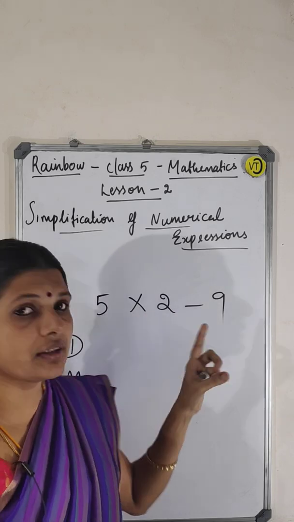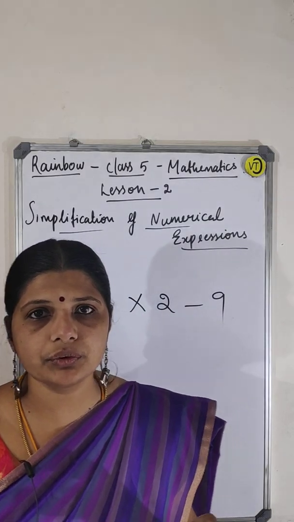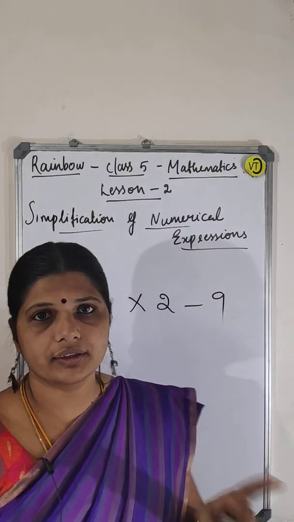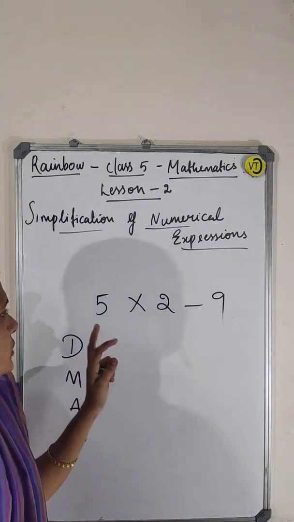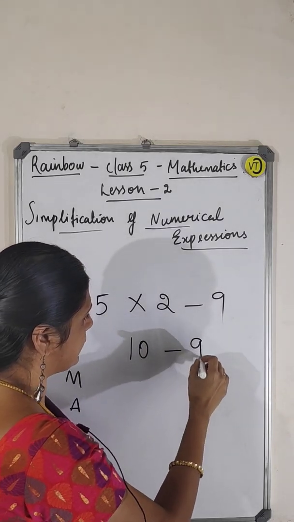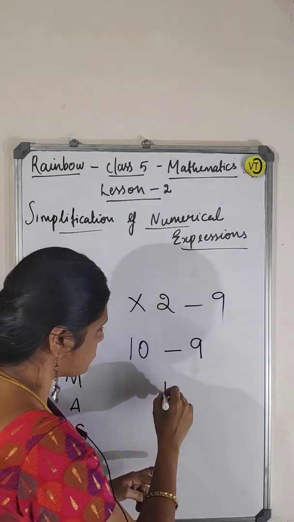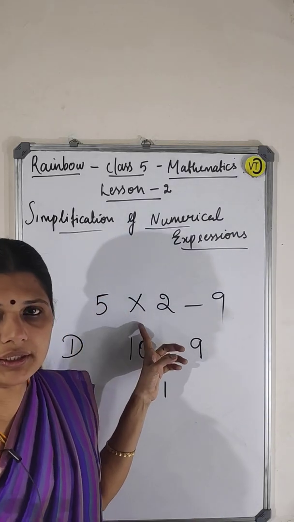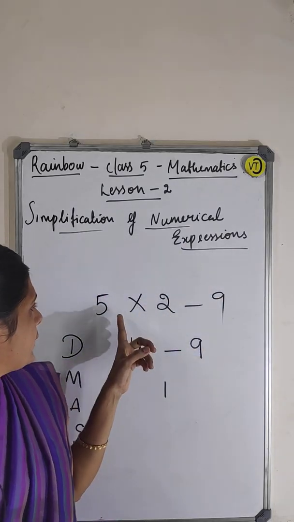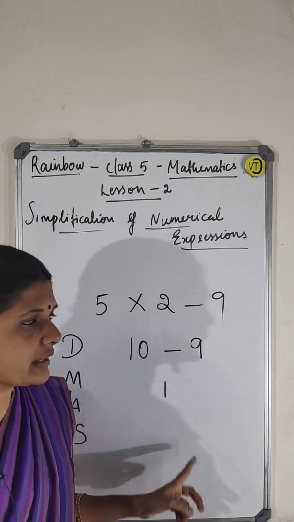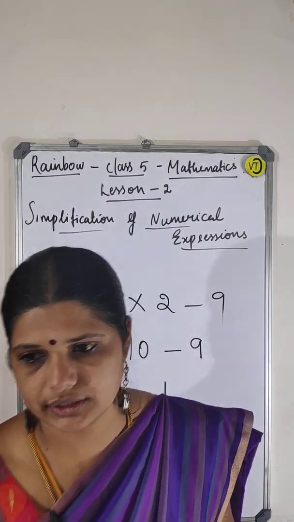The next is subtraction. So which operation do you do first? Multiplication only, first priority. The next one is subtraction. 5 into 2 is equal to 10. Then 10 minus 9 is 1. First multiply, then subtract. 5 into 2 is 10, then subtraction 10 minus 9 is 1, which is your answer.